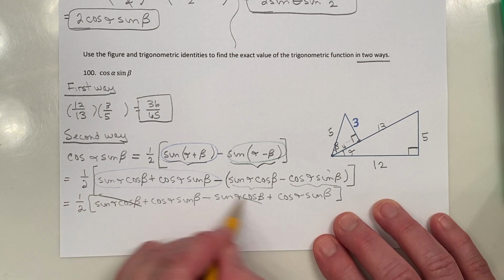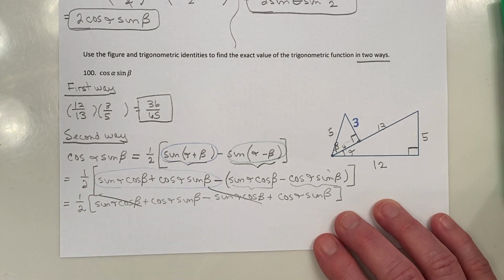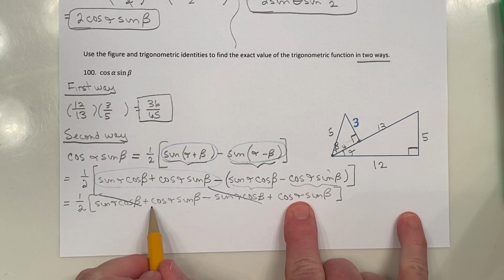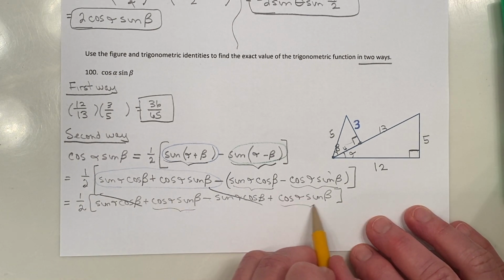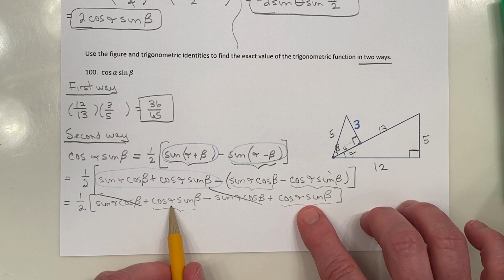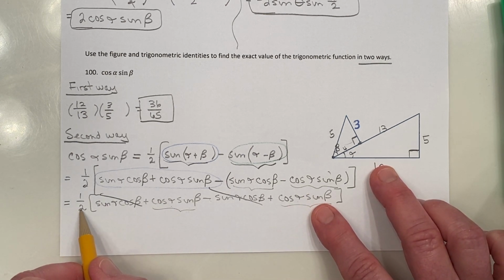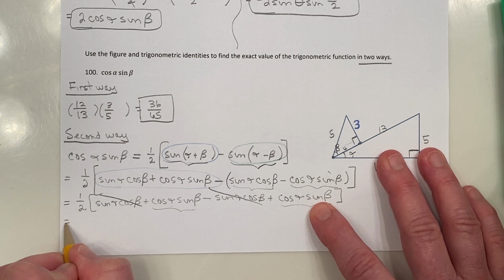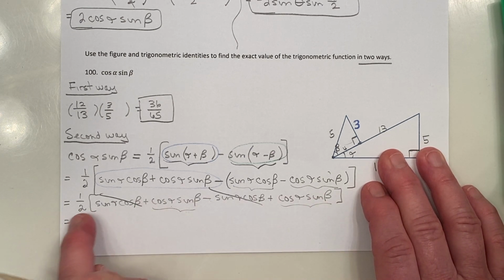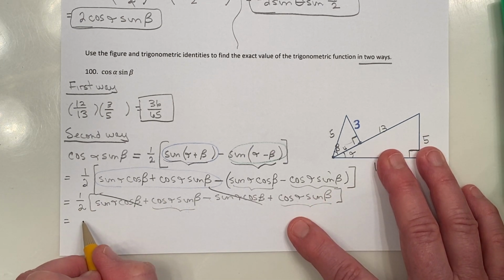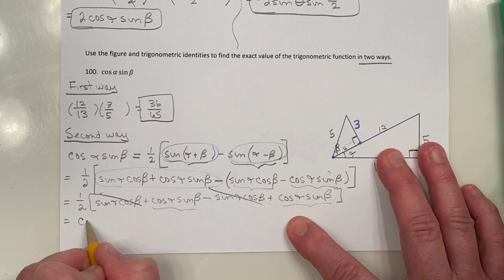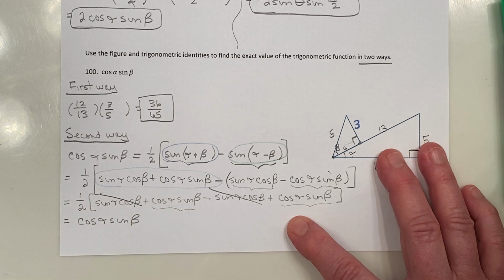They're opposites, they cancel. Now, looking right here, this is one and then another one of the same, so that's two of these terms. So 2 of these times a half would just make 1. So all of this, when I collect and multiply by half, is just going to give me cosine alpha times sine beta. That's exactly what the original problem was.